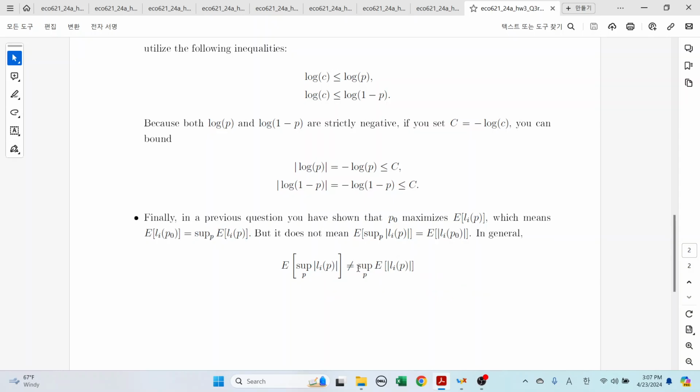So earlier we maximized this, but now we take the maximization first and then take the expectation. The order is important. Taking the expectation first and then maximization is the MLE estimator, but taking the maximum first and then taking the expectation is totally different. You have to discuss whether it is well defined or not.